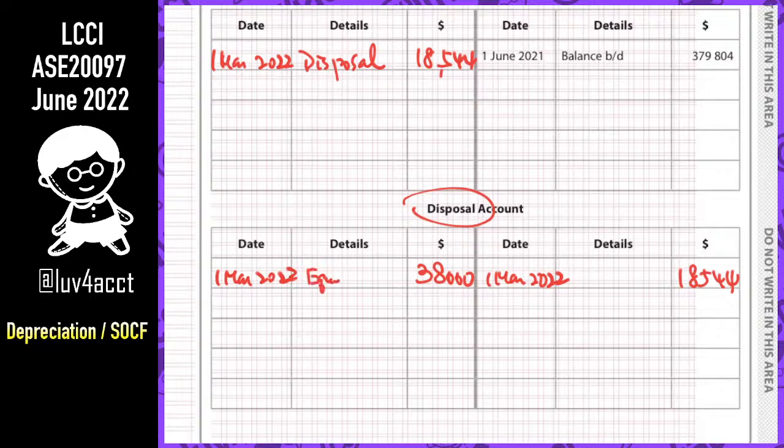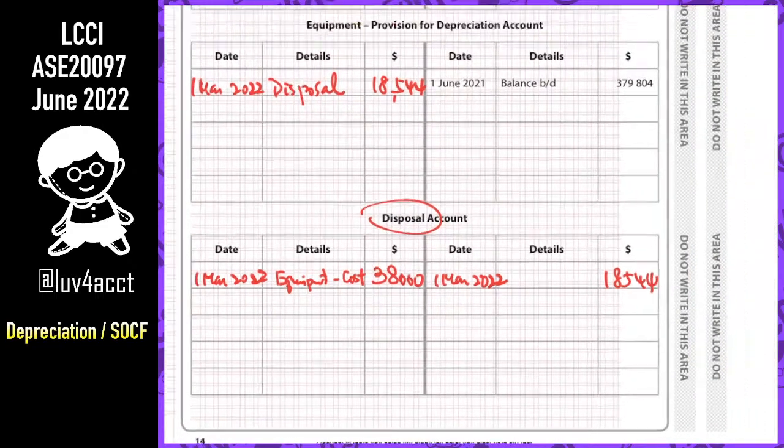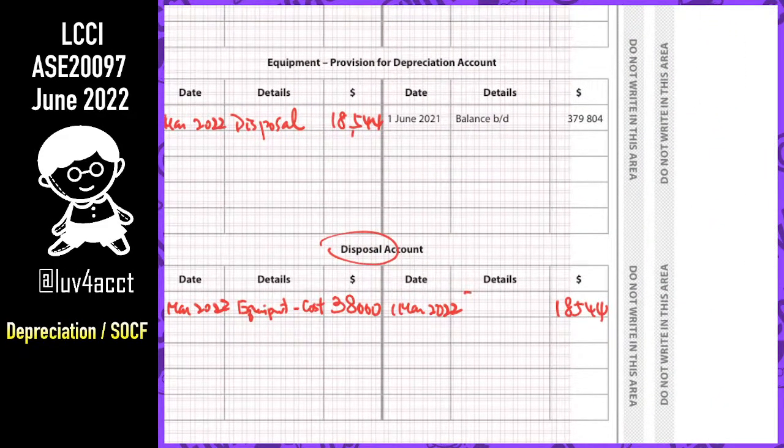Equipment cost, and then the equipment provision for depreciation account. Not very nice, but it is what it is.